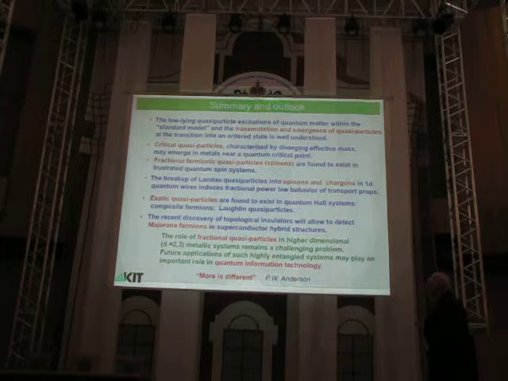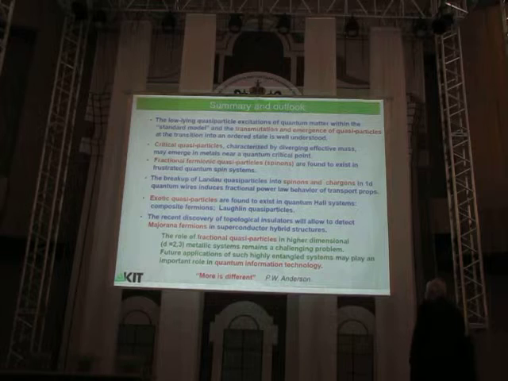Then there are exotic quasi-particles in the quantum Hall effect, composite fermions, and more recently, the discovery of topological insulators will allow, for the first time, to detect Majorana fermions in superconductor hybrid structures.